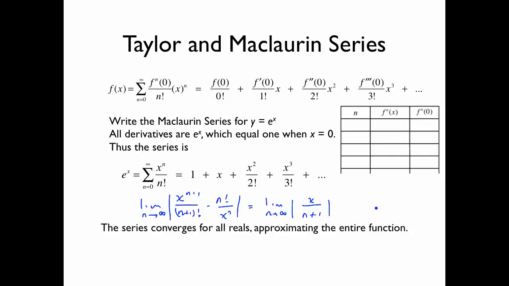And we're going to take the limit as n goes to infinity. What is that limit as n goes to infinity? And when does the ratio test tell us that we have a convergent series? For what values of x is this limit less than 1?